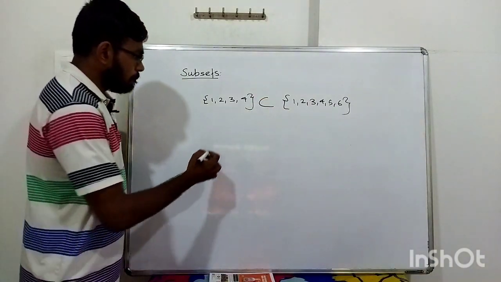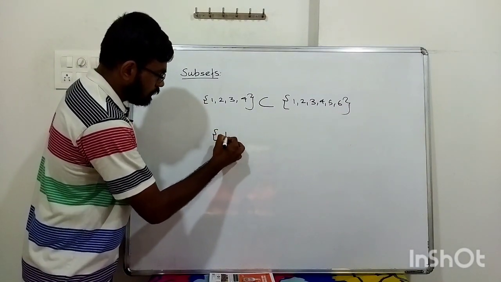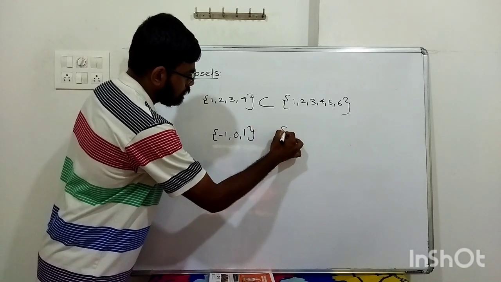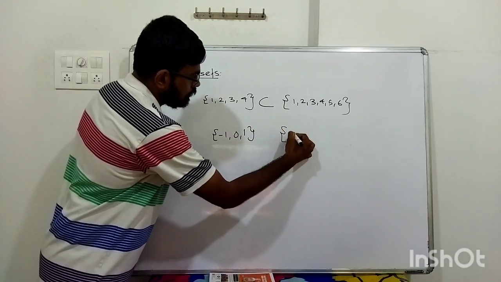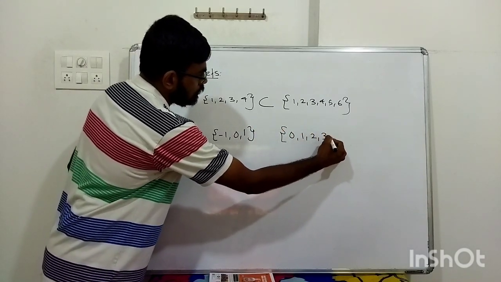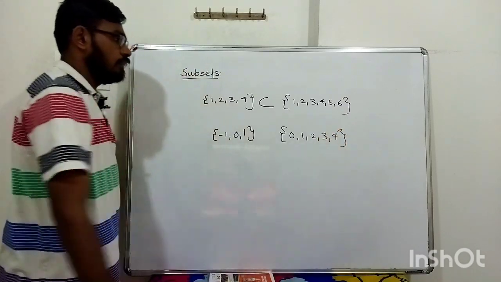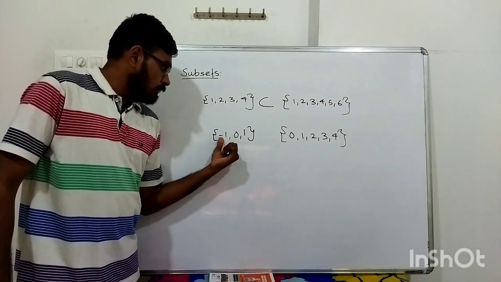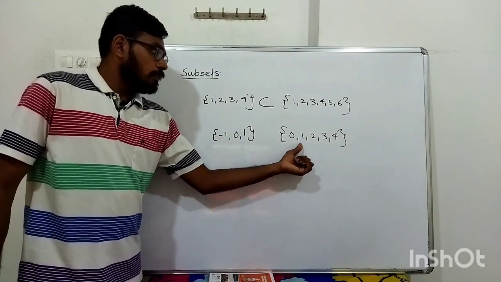Similarly, we'll check one more example: {-1, 0, 1} and {0, 1, 2, 3, 4}. Now, we'll check again one by one. See, -1 doesn't belong here.